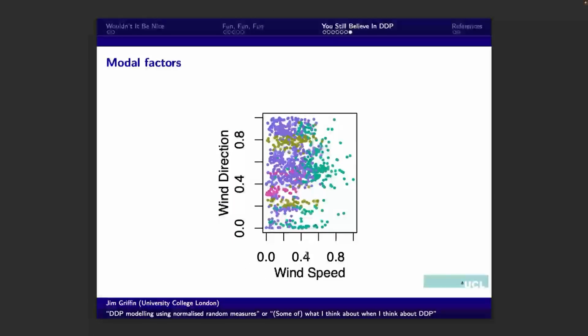Here's the relationship between just wind speed and wind direction, not looking at the power output, and you can see very clearly that what's driving things here is the wind direction and not the wind speed. By using the BART within the non-parametric model, we're able to explain these things well and represent these factors. It gives us a nice explanation of what's going on. Okay, so that's where I'm going to stop. Thank you.